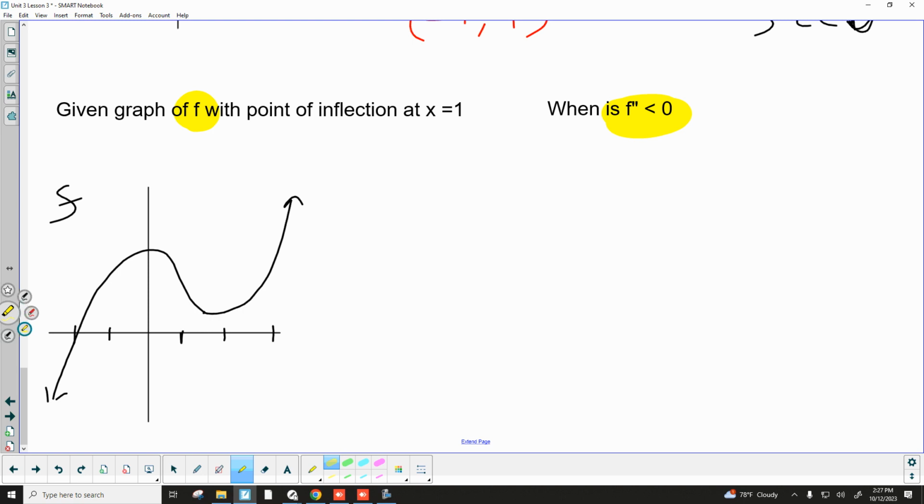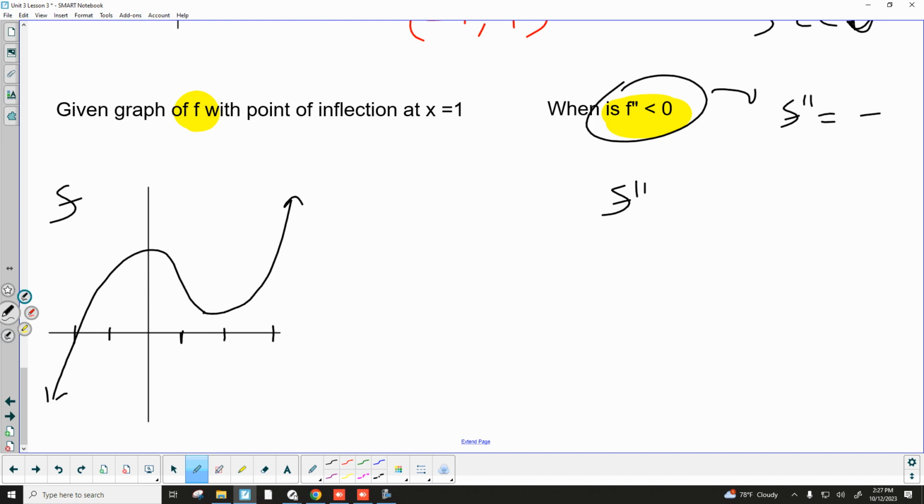Look to the left of 0. All right, what did you get? F double prime negative, F prime decreasing, F concave down. Here's your chart. We start with that. Now, if you didn't draw that, it's going to be hard.